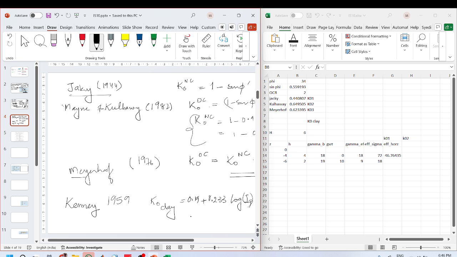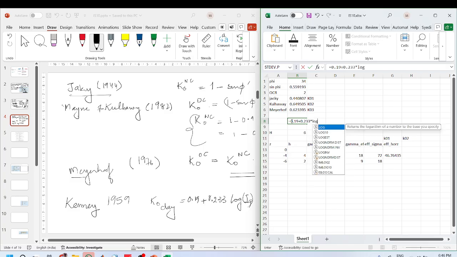Okay, K naught is 0.19 plus 0.233 into log of the plasticity index.